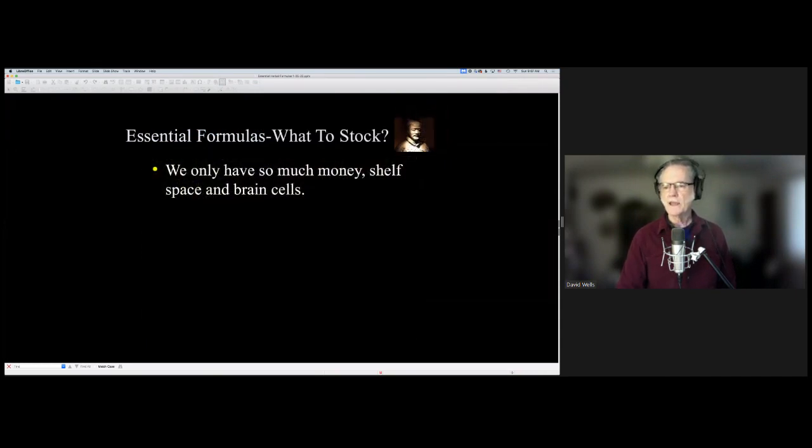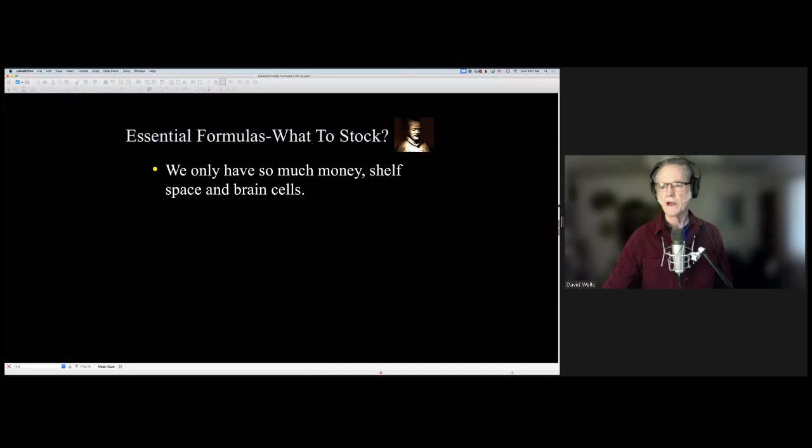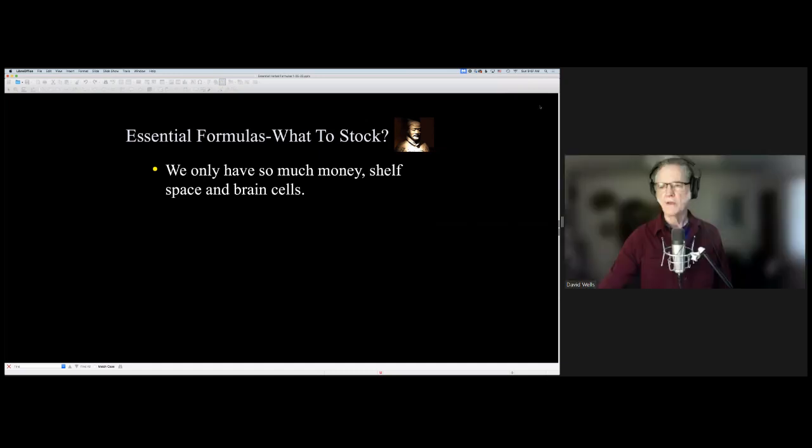Can I get a list of who's watching, Sam? Do you see the little chat options at the top of the screen? When you move your mouse over, the Zoom panel comes up. Okay, I see my face, and below that Lotus Institute, and then presenter.